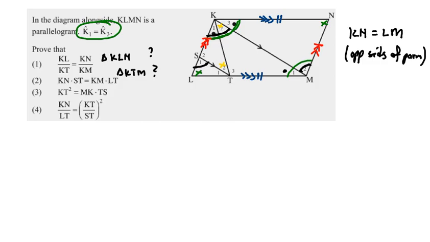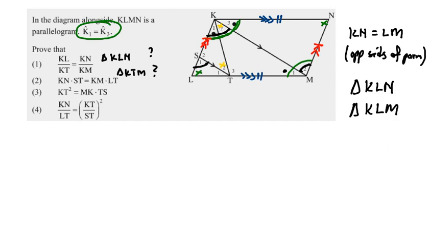So do you see again how the property kicks in? So where we are seeing a KN, we know that that KN can actually be replaced by an LM. So in other words, if I look at this triangle KLN, I can sort of now see triangle that.